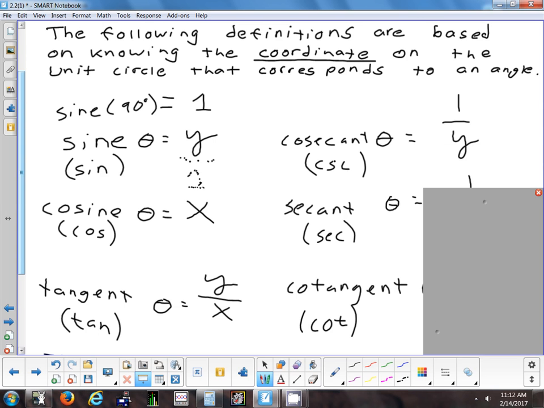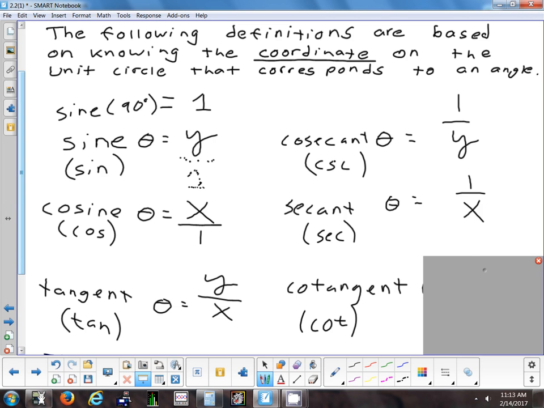It's just the sine flipped. Okay, and how about the secant? Kelsey, what do you think the secant will be? 1 over x. The secant is just the cosine flipped. Again, if you want to pretend it's over 1, you can.